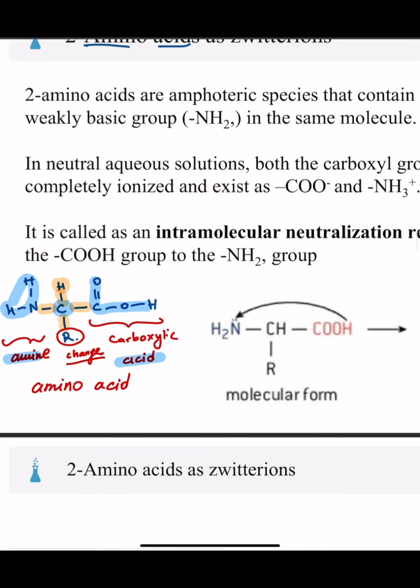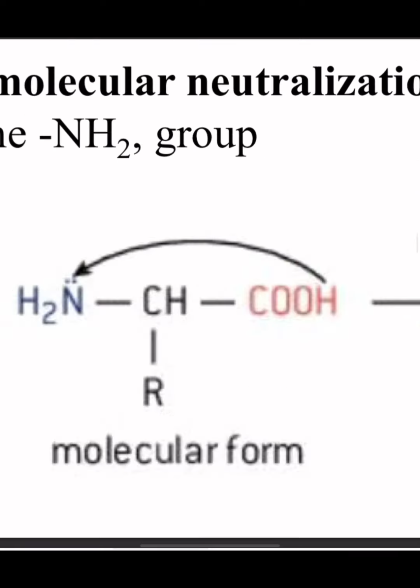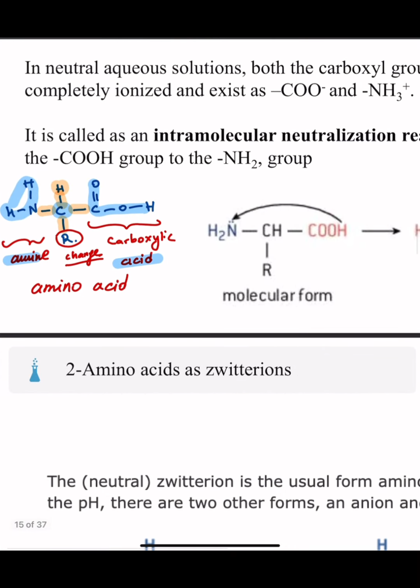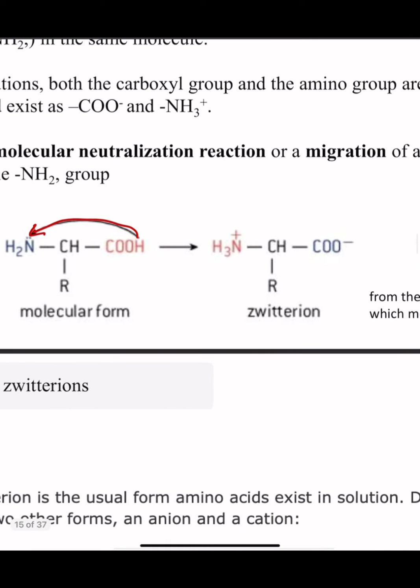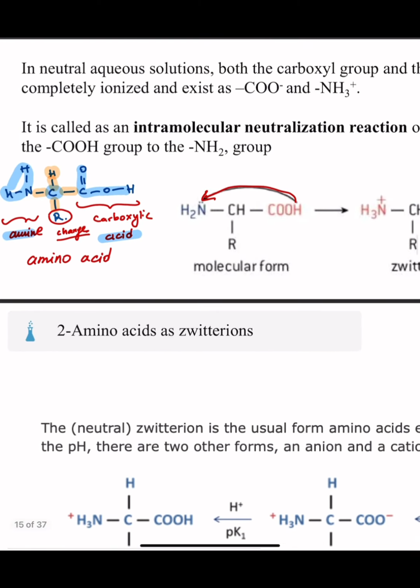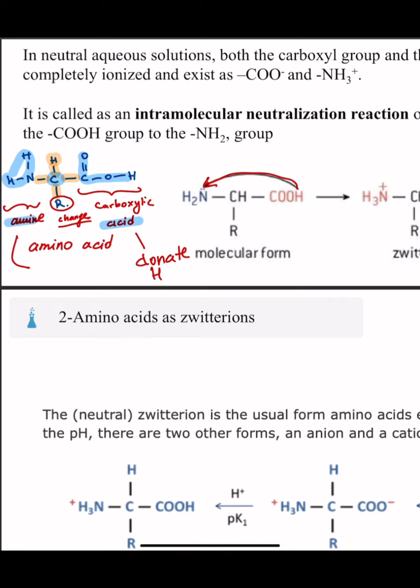So now what happens with amino acids? As you see, one of the hydrogens can actually migrate into amine, and it's going to make the shape called zwitterion. The reason is that these acids are hydrogen donators, and amine is hydrogen acceptor.